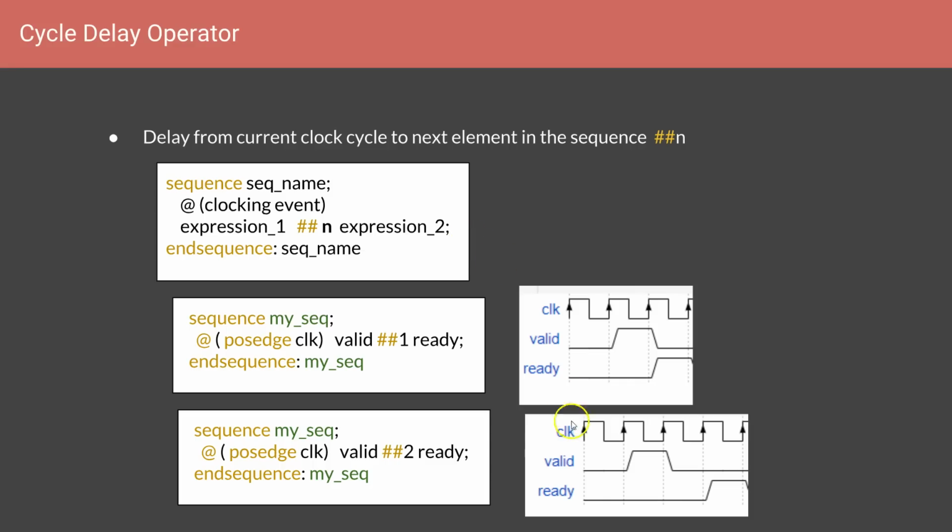In the previous example, we were just asserting that after valid goes high, in the next clock ready should be high. Now if you want to specify a sequence that looks exactly like this waveform, the valid should be high for a single clock cycle, and after that valid should be deasserted, and in the next clock cycle ready should be asserted only for a single clock cycle.